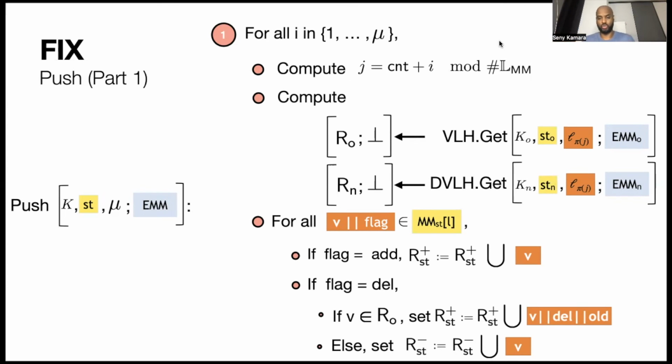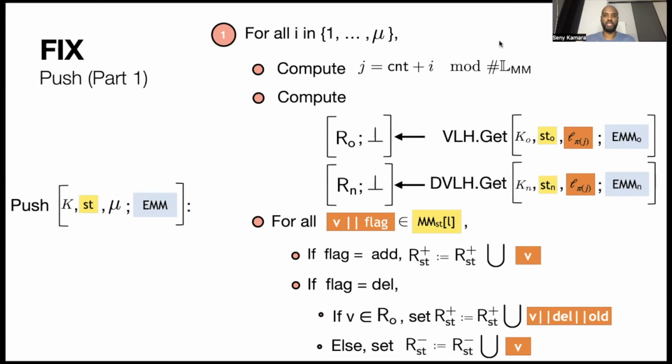It's also going to query the stash to get back the values that need to be added and the values that need to be deleted that are associated with them, and it's going to merge all of this information and create a new, updated tuple of values, a correct tuple of values, if you will.